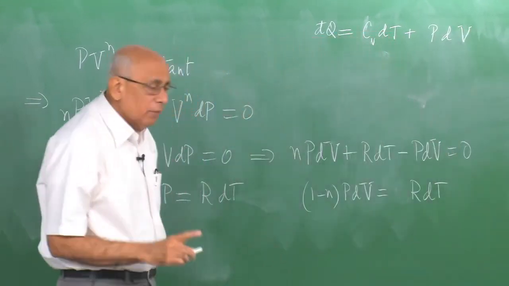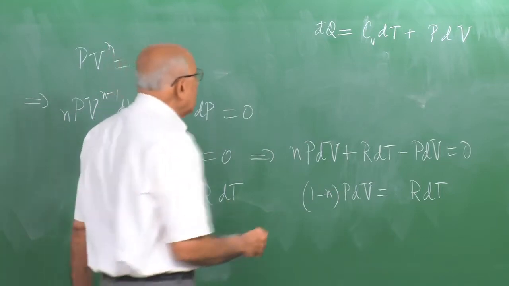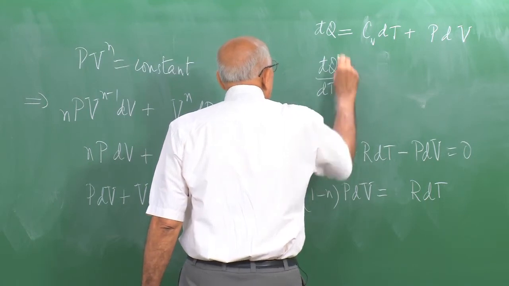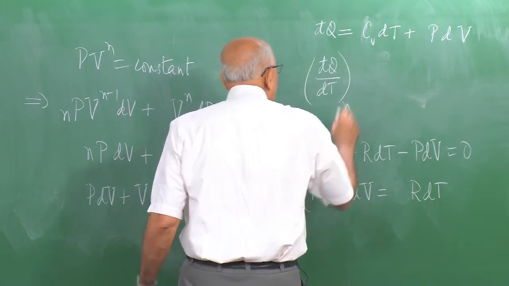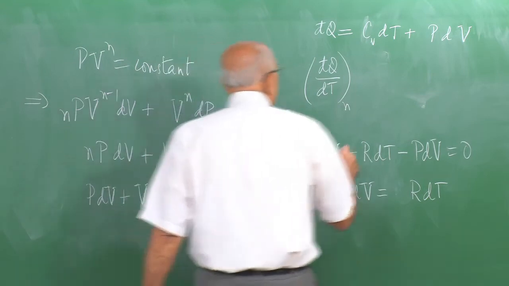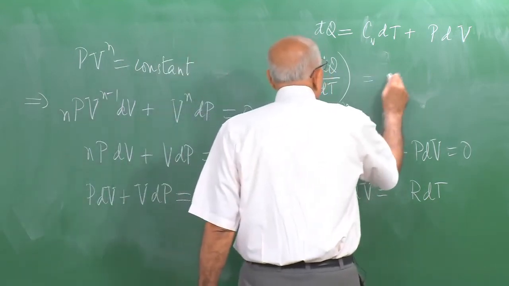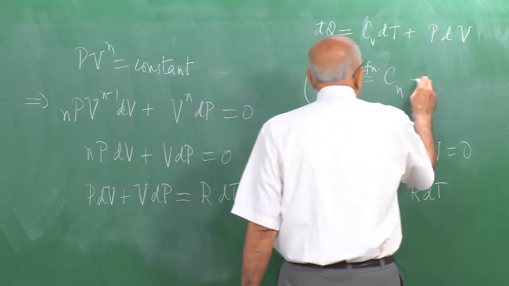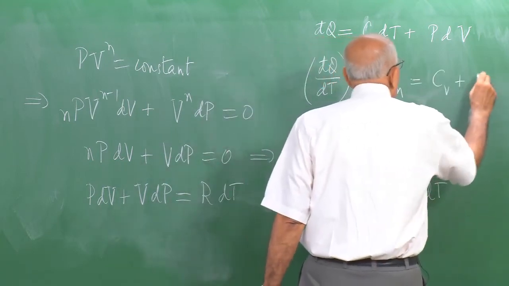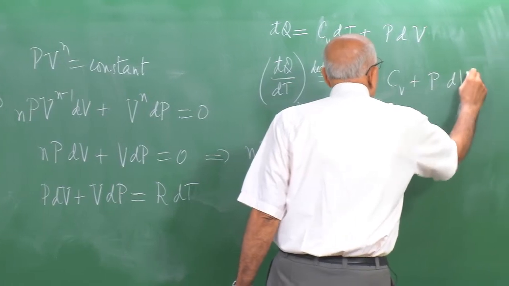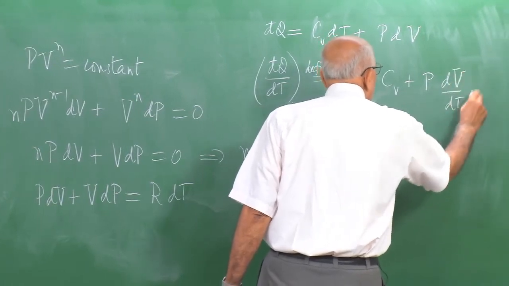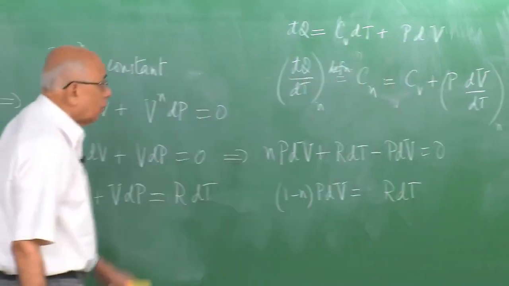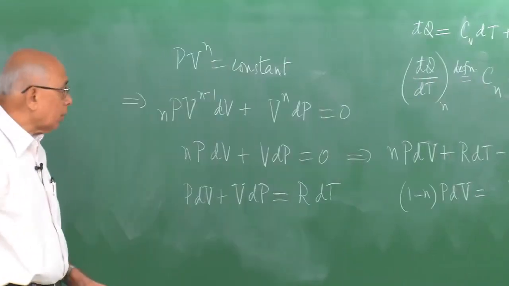Therefore, the specific heat for a given value of n, which I will denote as C sub n, for a given polytropic process PV to the n is constant, is equal to Cn by definition equal to Cv plus P dV over dT for this process, for a given n.